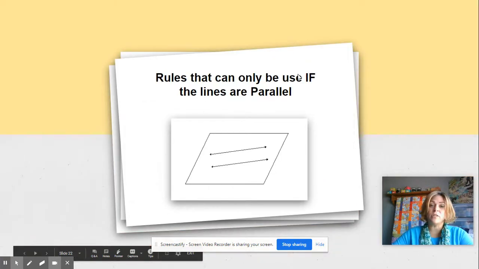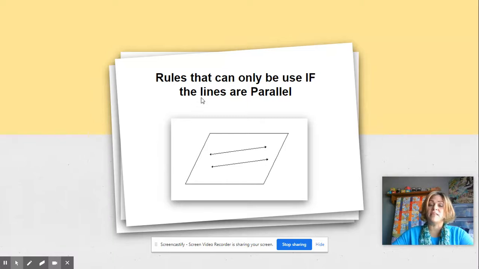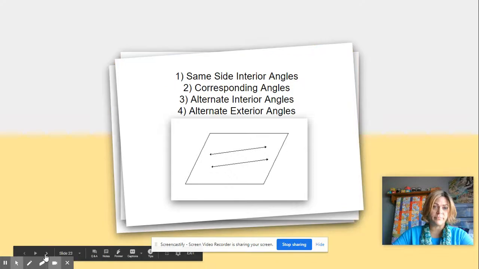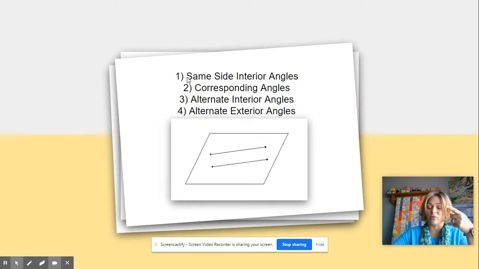Okay, rules that can only be used if the lines are parallel. So you have to know the lines are parallel first. There's only a couple rules that say if the lines are parallel, then, and it tells you a rule. So let's go over those. We've kind of talked about some of them already. If the lines are parallel, then same side interior angles, and hopefully you know that they should be supplementary.